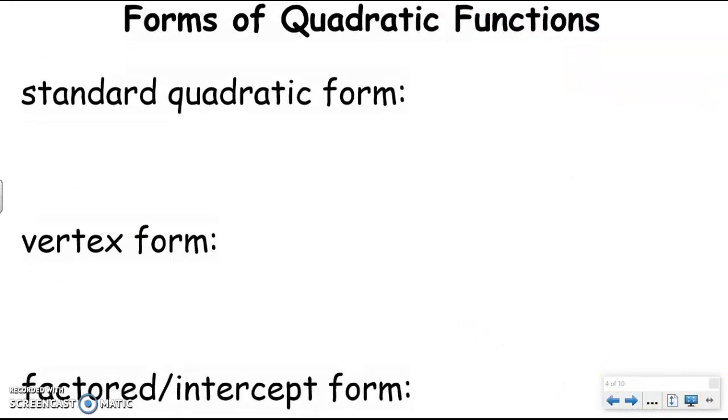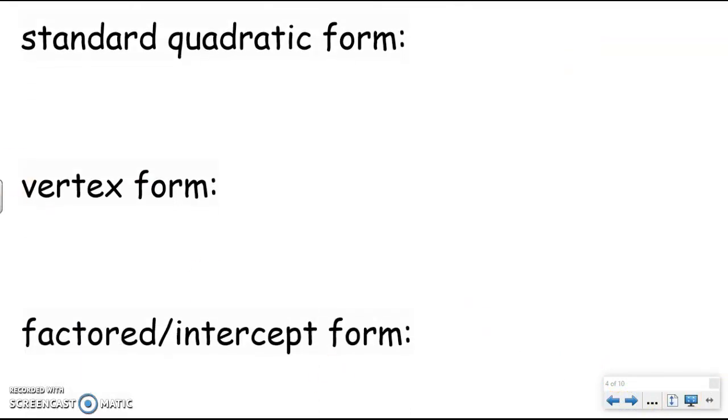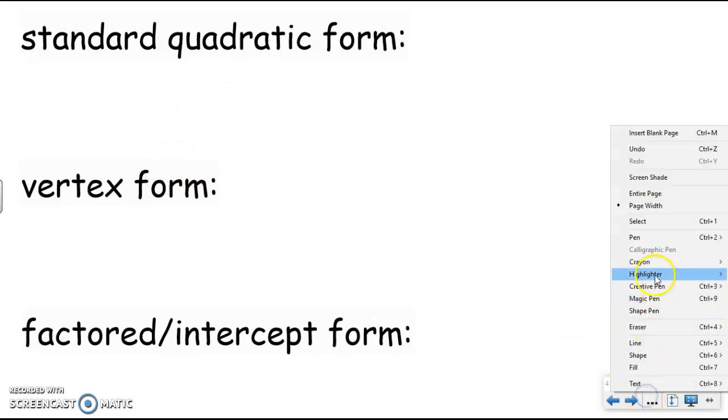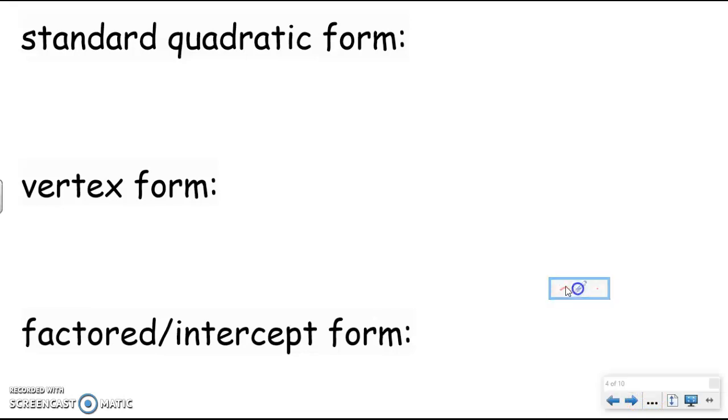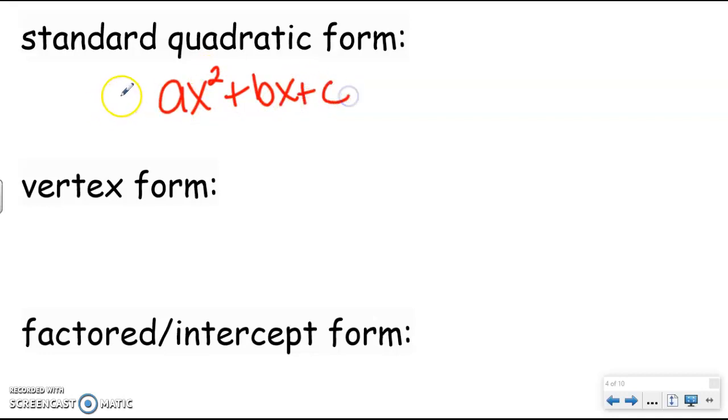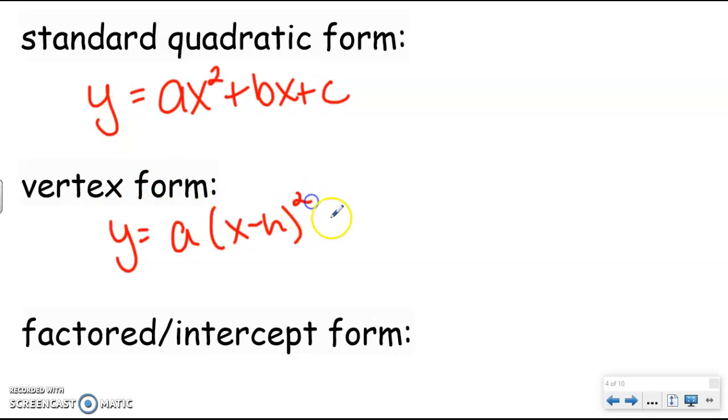Three forms of quadratic functions. You can convert between the three by multiplying things out or factoring. So standard form of a quadratic equation, you remember it's ax squared plus bx plus c. Vertex form is in the form a times x minus h squared plus k.